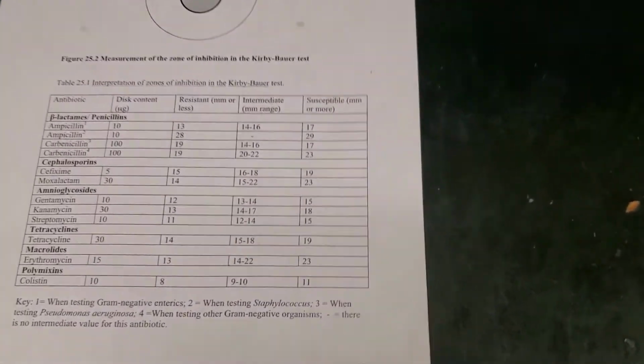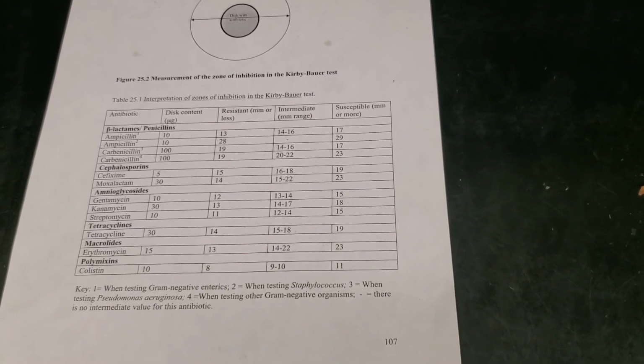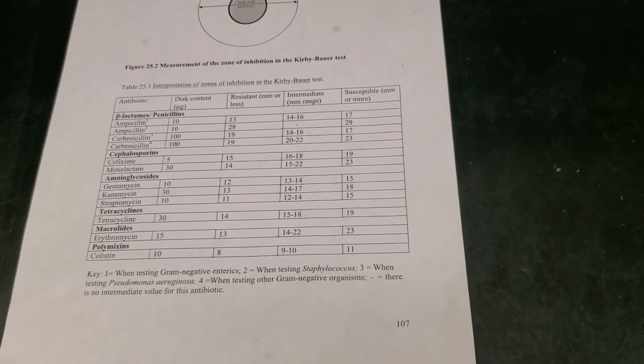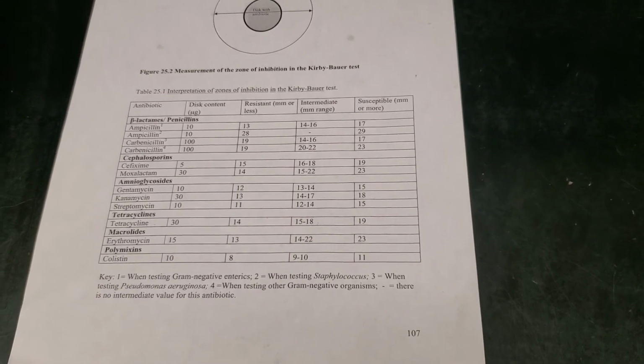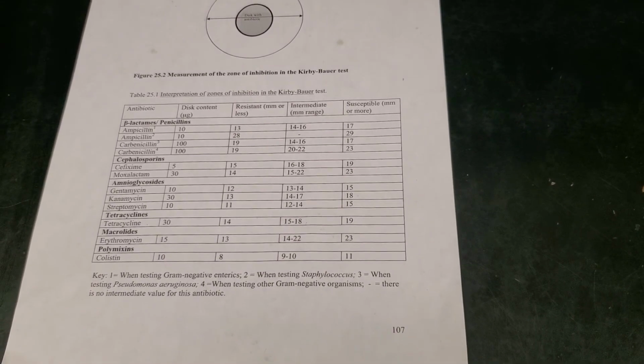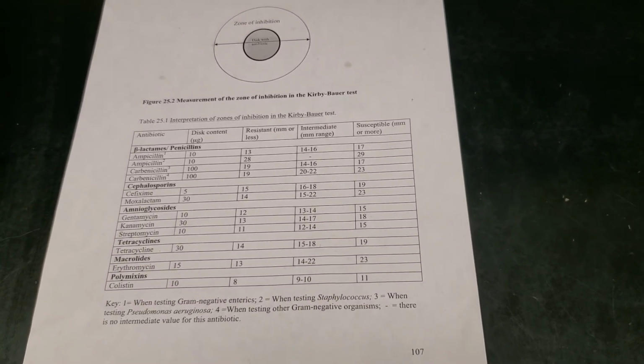Then we use this table to allow us to interpret what the significance is of those zones of inhibition, whether they indicate resistance, susceptibility, or an intermediate susceptibility to the different antibiotics.